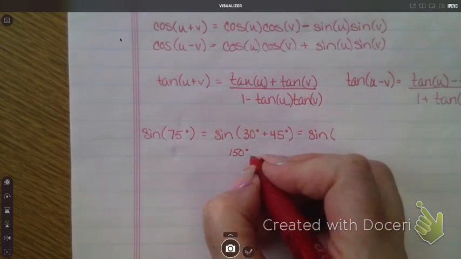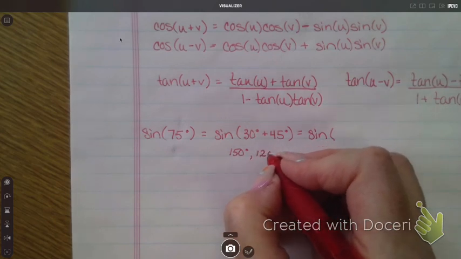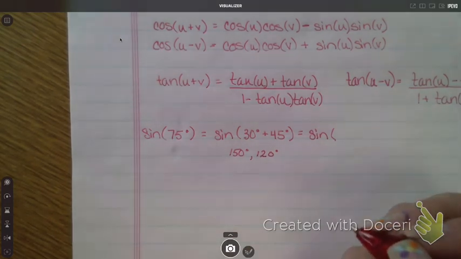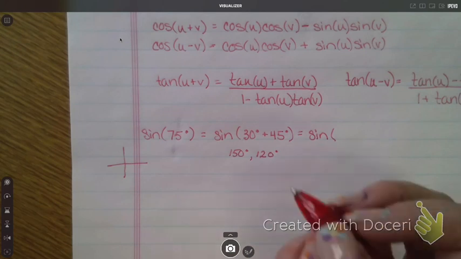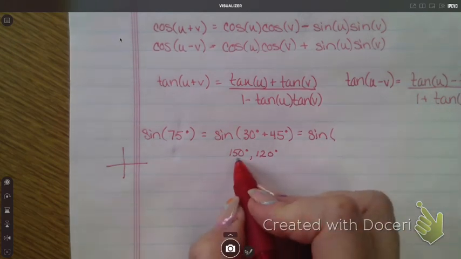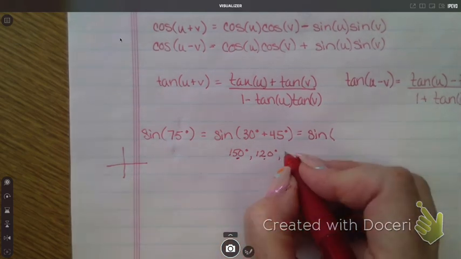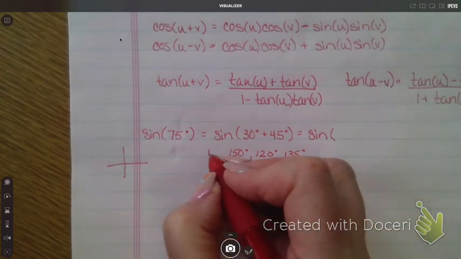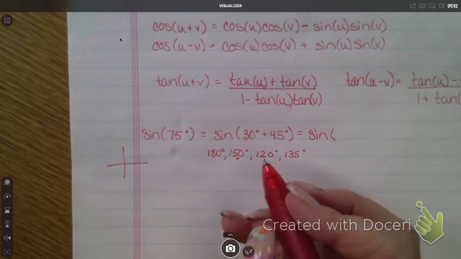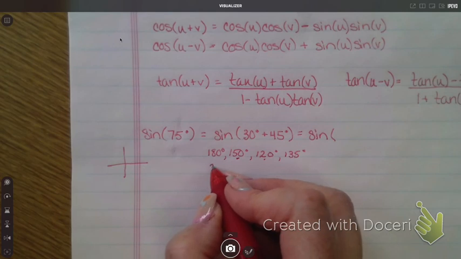Because this is a 30-degree reference angle. 150 is the 30-degree angle in the second quadrant. Oh, okay. 60-degree, and we know 135, right? In the fourth quadrant, we could use 210.